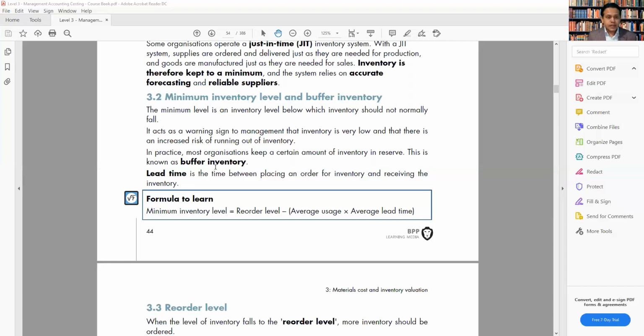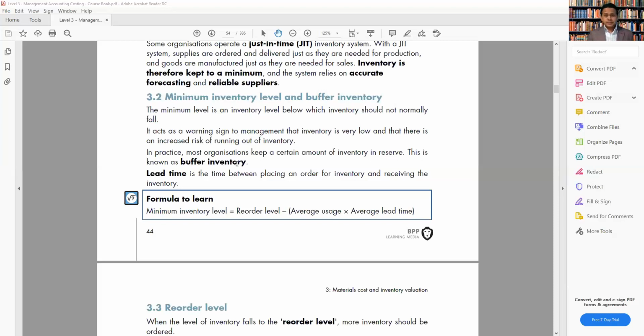The next point we have is buffer stock, buffer inventory. Basically, in a sense, the minimum inventory, we call it buffer inventory. It says that in most practice, most organizations keep a certain amount of inventory in reserve. This is known as buffer inventory.